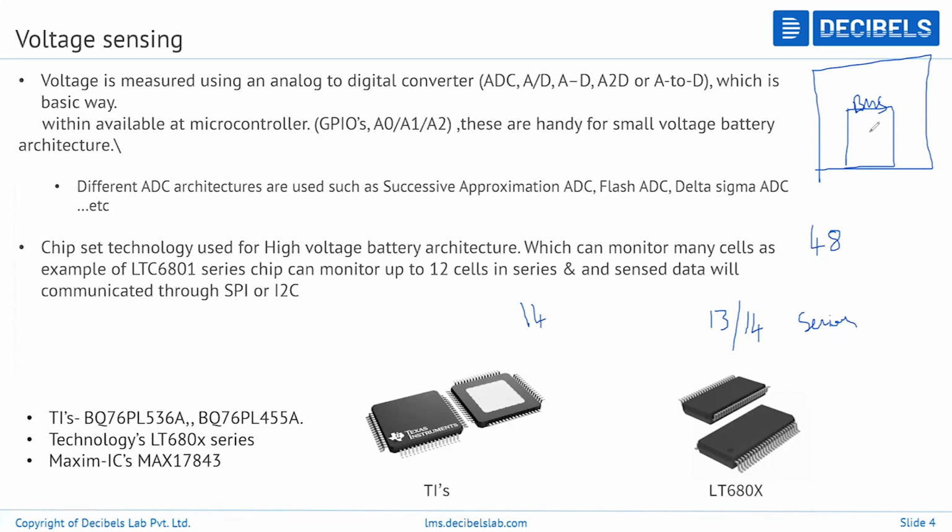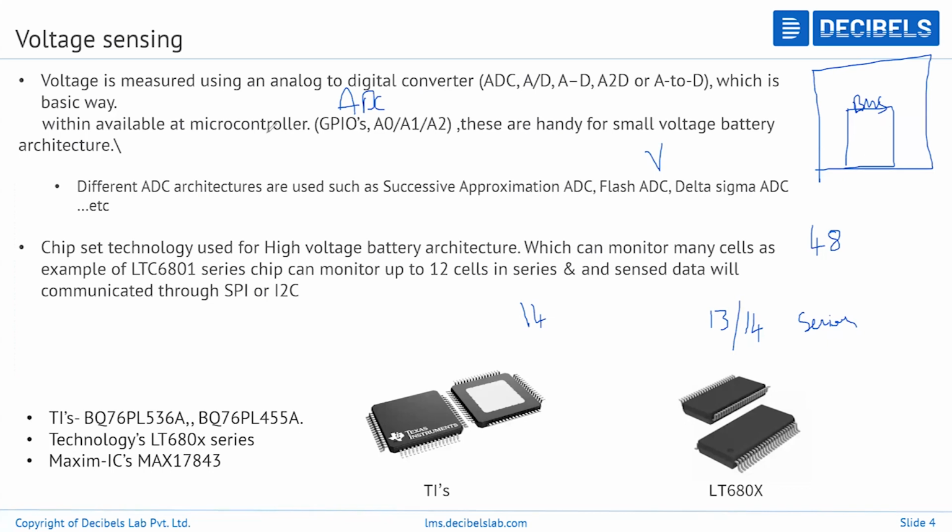So how is it going to measure? When we talk about the voltage, you are just trying to measure the potential difference. With the technology, you can use the ADC converter, which is a basic way.